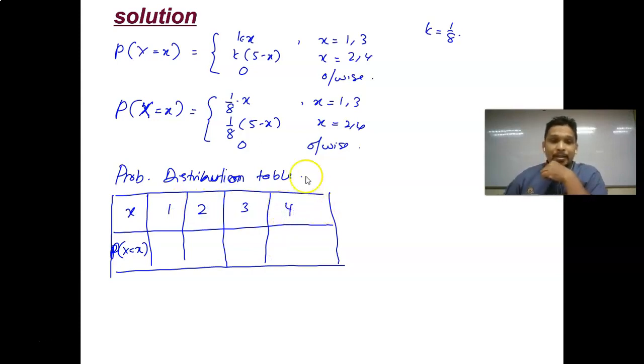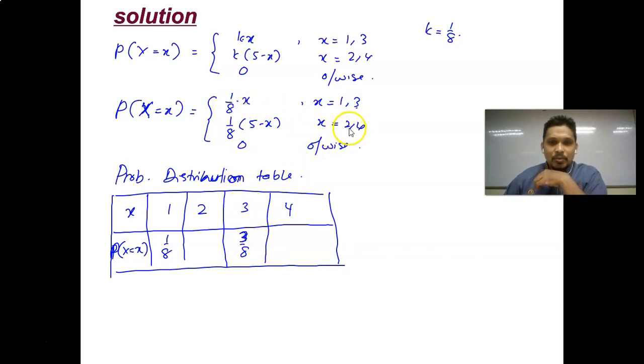Okay. So when X equal to 1 and 3, substitute X, 1 and 3 into this function here. 1 times 1 over 8 is 1 over 8. And for 3, oh no, this is 3 over 8, 3 times 1 over 8.